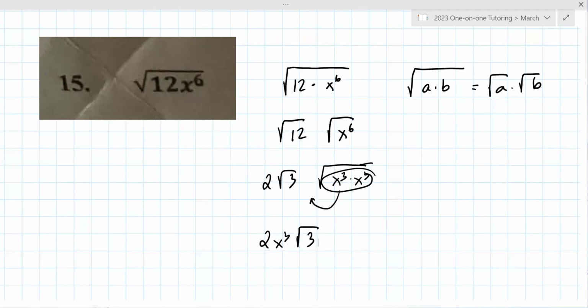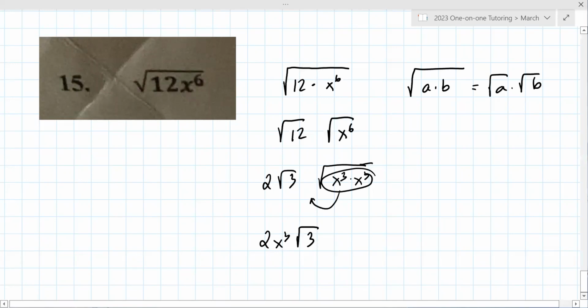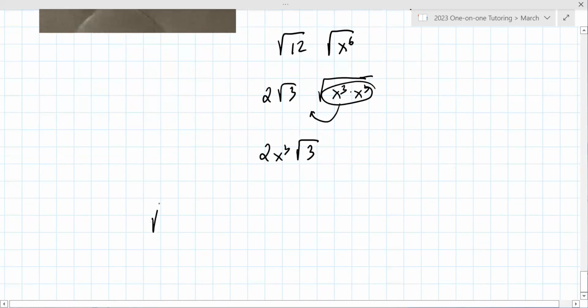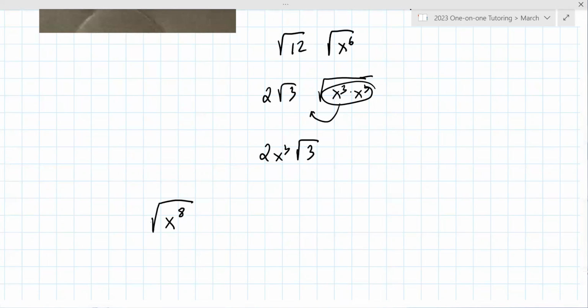And that is it. We're probably going to do one more like this. We've got plenty of time, or I guess maybe I should just ask some separate questions here. How about, what is the square root of x to the 8th? What does that become? x to the 4th times x to the 4th.